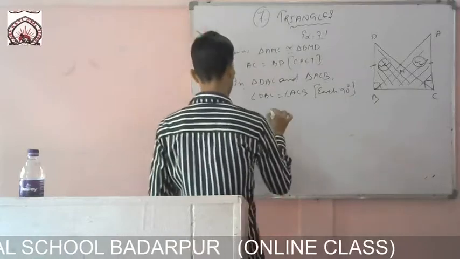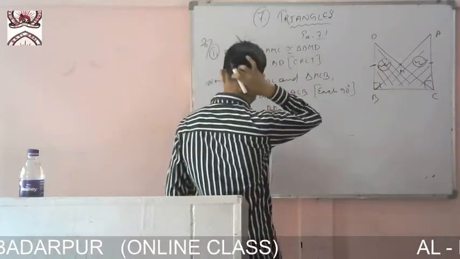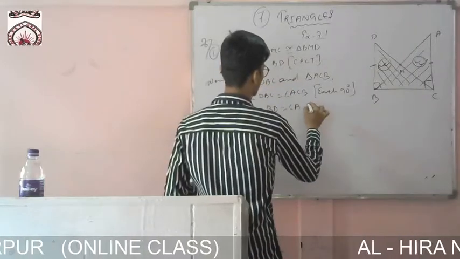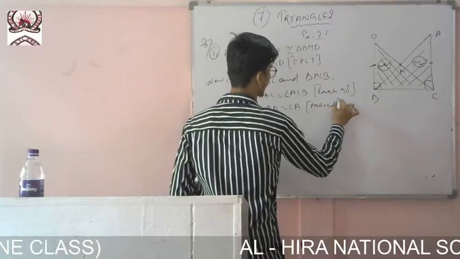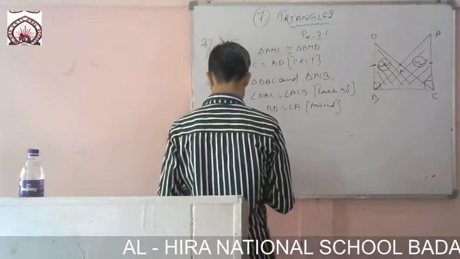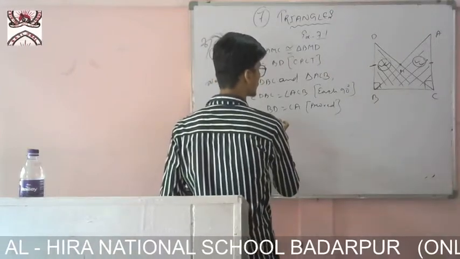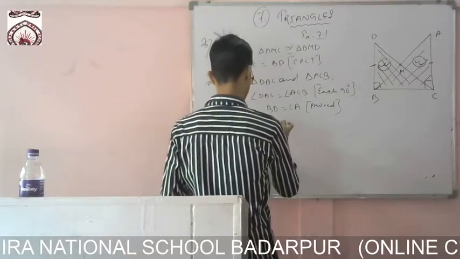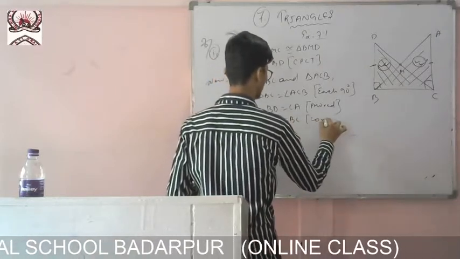Then BD is equal to CA, we have proved this earlier. And BC is equal to BC, that is the common side.